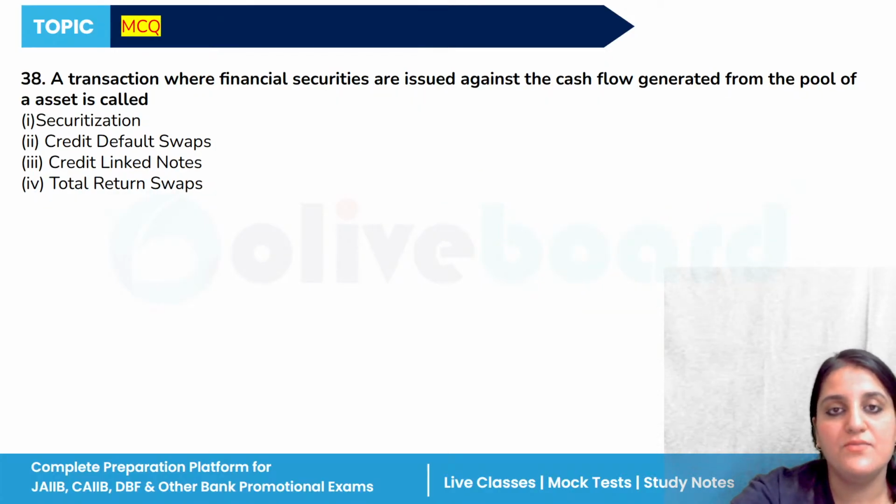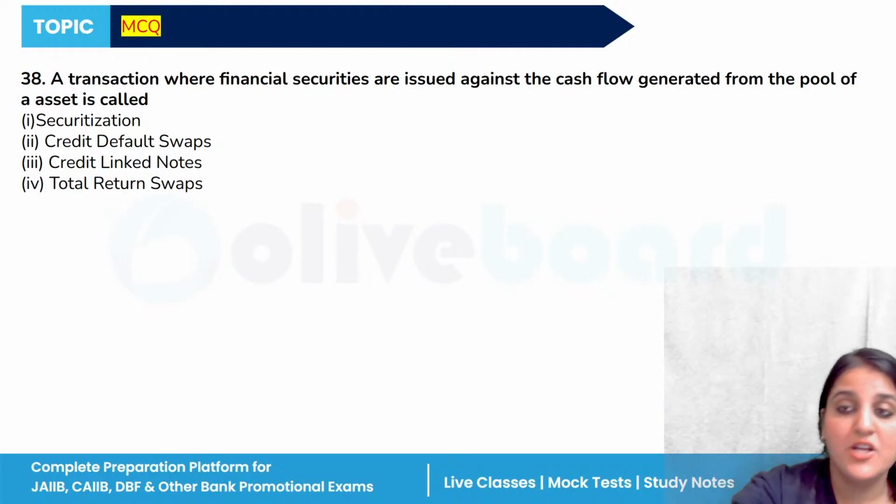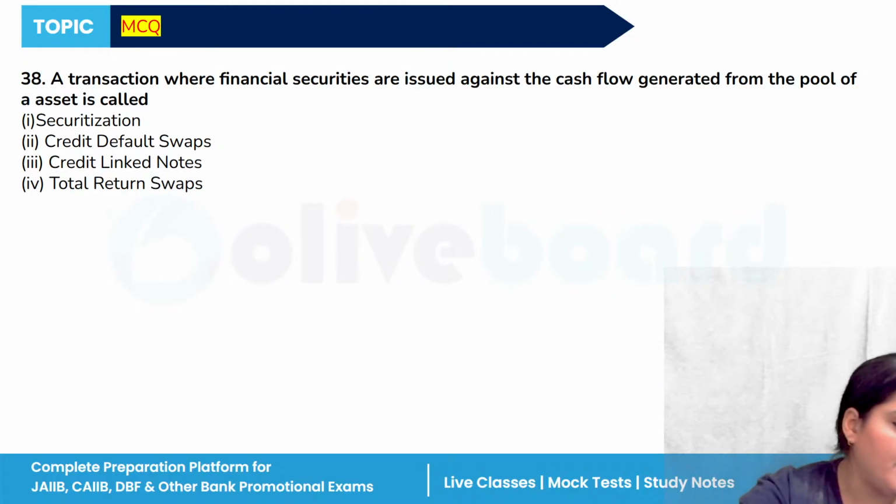Transactions where financial securities are issued against the cash flow generated from a pool of assets are called?